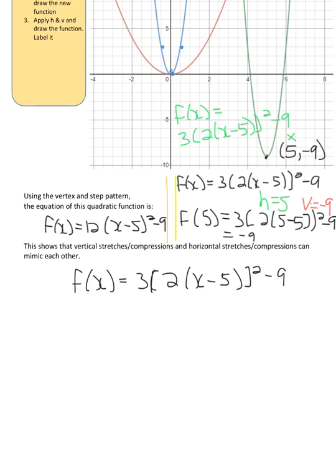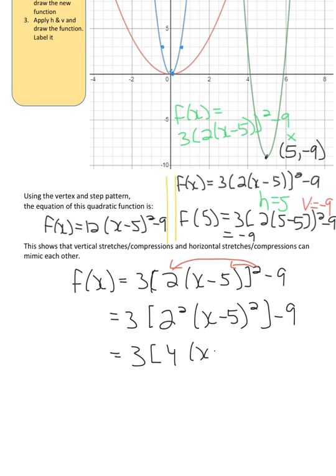So the final thing I'm going to do is just algebraically prove how that is possible. So remember, inside my bracket of lies, which is 2x minus 5, that whole big bracket is being squared. So that squared applies to the 2 and it applies to the x minus 5. So I'm going to apply that squared to the 2 and the x minus 5, and I get 3, 2 squared, x minus 5 squared, minus 9. So that is just 3 bracket 4 times (x minus 5) squared minus 9.